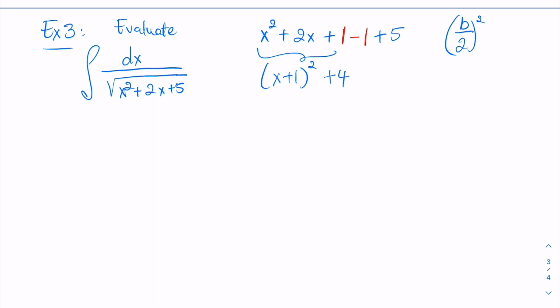So now what I have, instead of writing x squared plus 2x plus 5, I'm going to write square root x plus 1 squared plus 4.